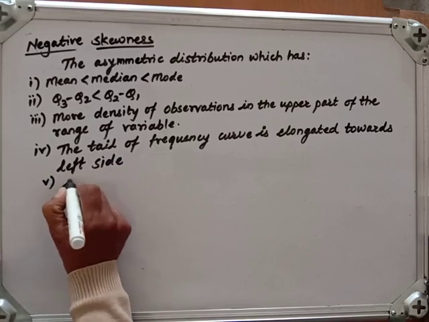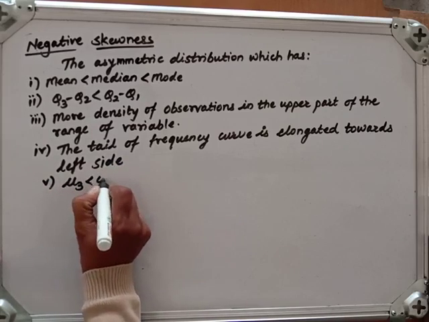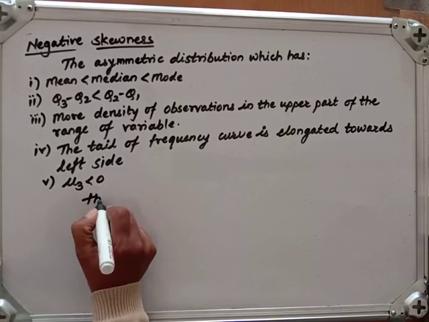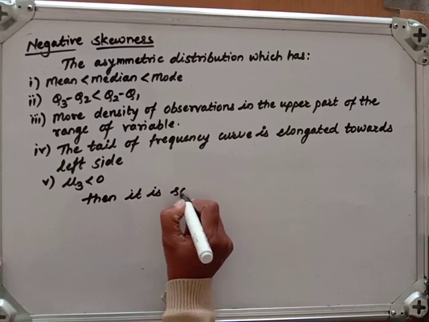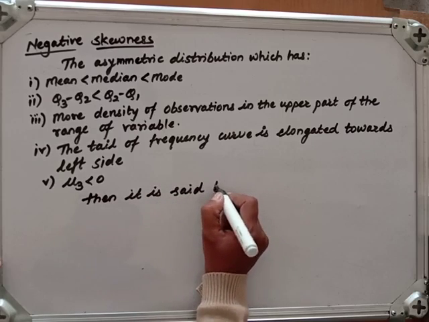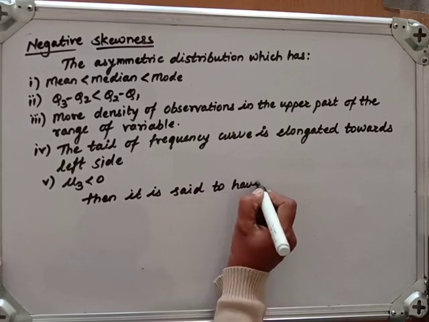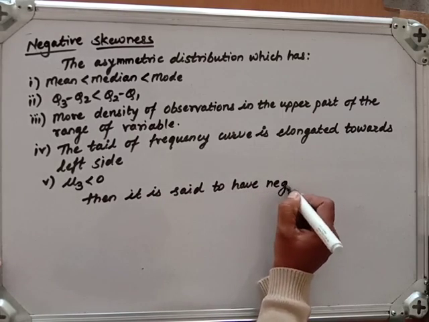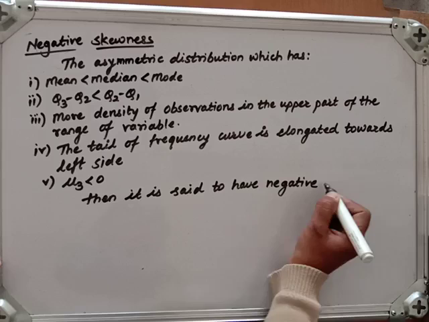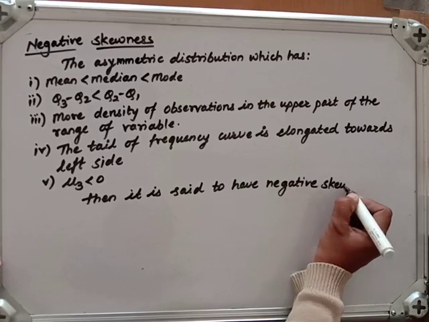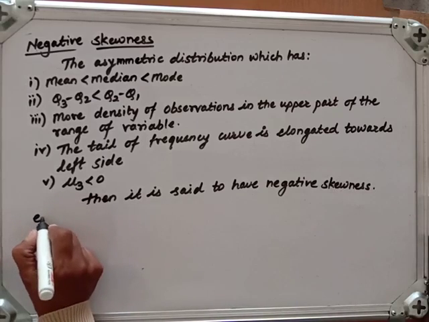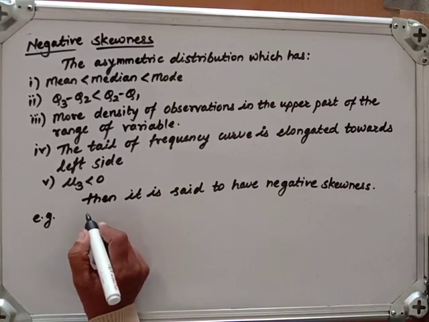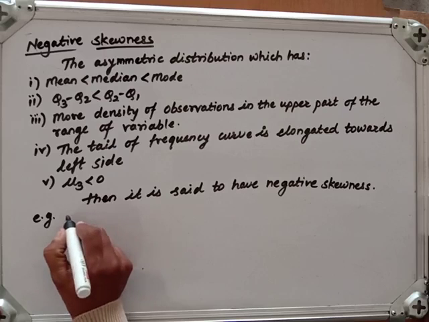The next one, here mu3 is less than 0. Then it is said to have negative skewness. Okay. Now examples for this: the distribution of quantity supplied in a commodity with respect to its price.